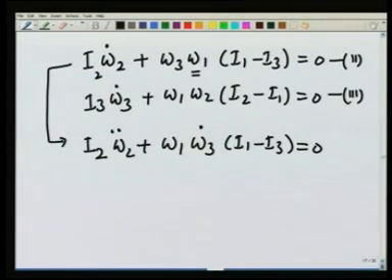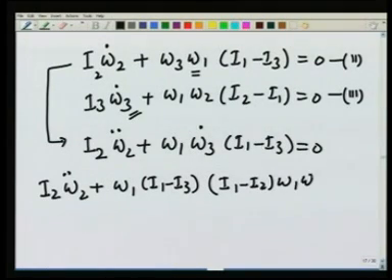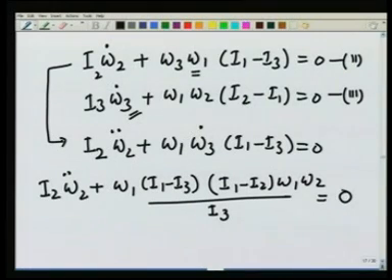Let us substitute for omega 3 dot from equation number 3 to get I2 omega 2 double dot plus omega 1 (I1 minus I3), and now substitute for omega 3 dot, it will be with a minus sign. So, I will write this as (I1 minus I2) omega 1 omega 2 divided by I3 is equal to 0.